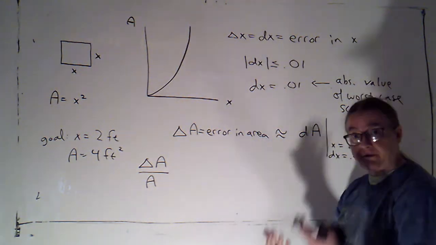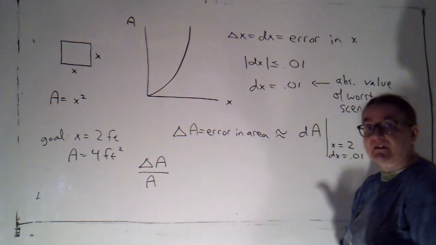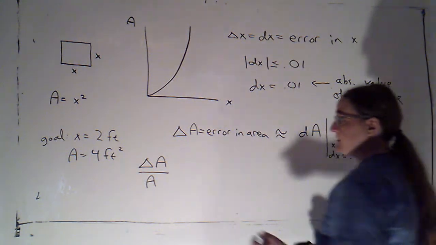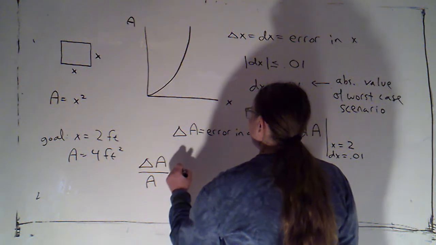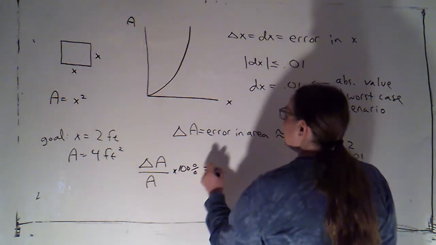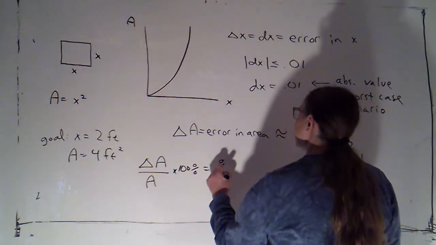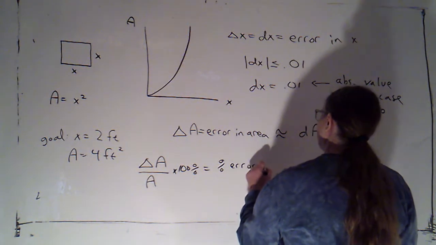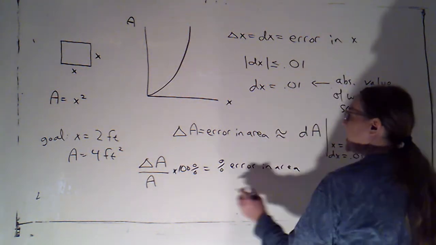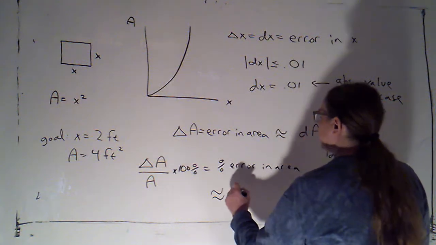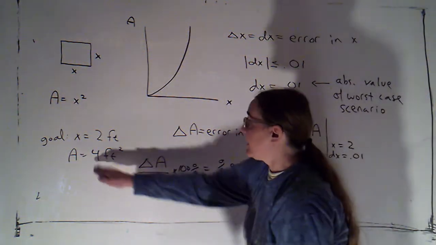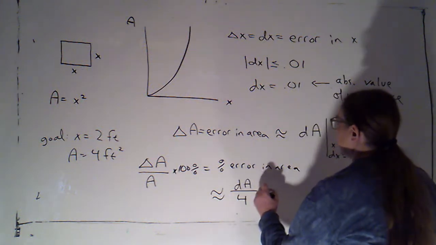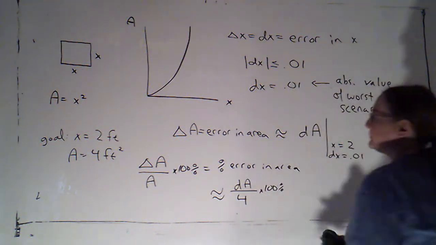This would give it to me as a fraction. I need to obviously convert that to a percent. So delta A over A times 100% is equal to the percent error in area. But we're going to just approximate that with dA over the targeted area, which was 4, and then convert that to a percent.